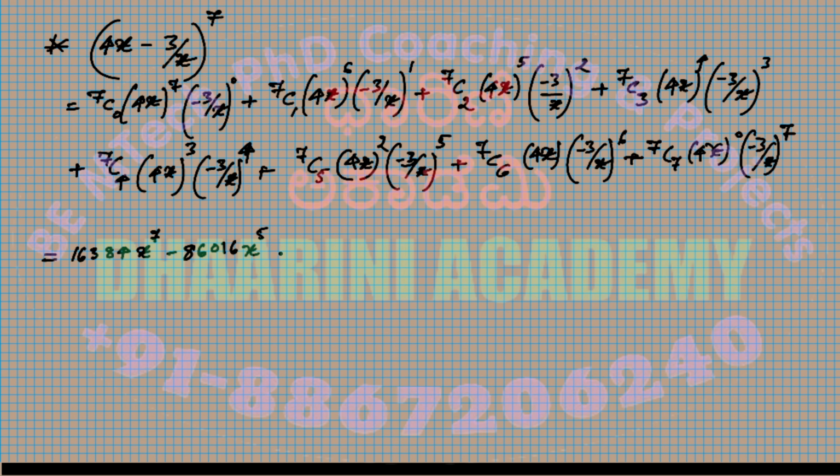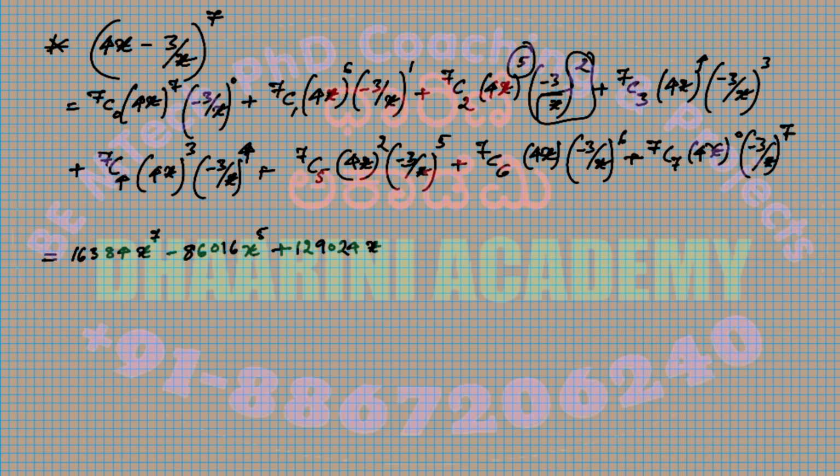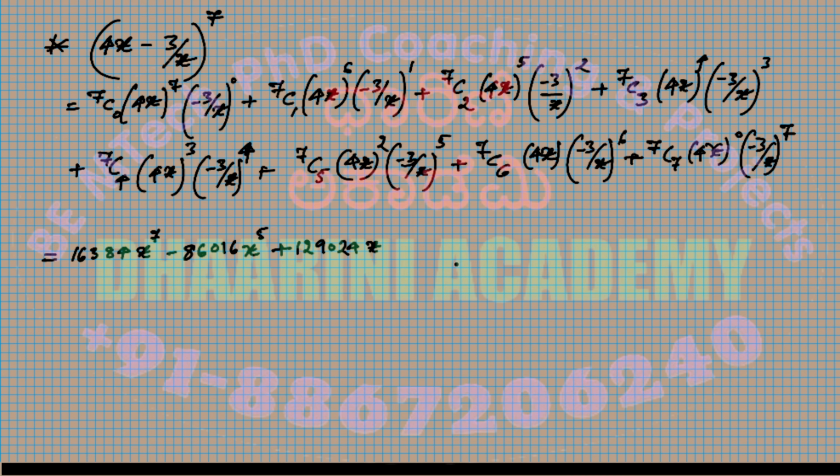Next, plus 129,024 x to the power 5 divided by x to the power 2, right? x to the 5 divided by x to the 2 is x to the 3. So this is x cube.